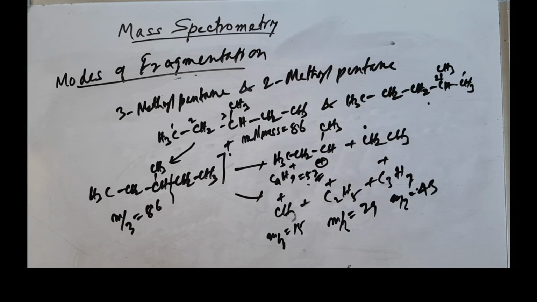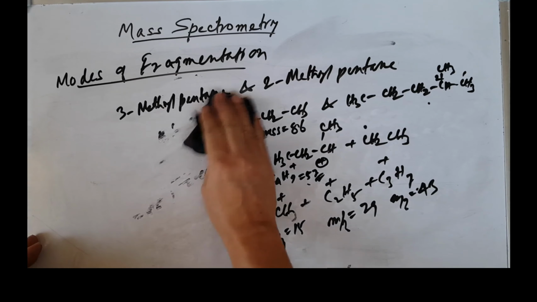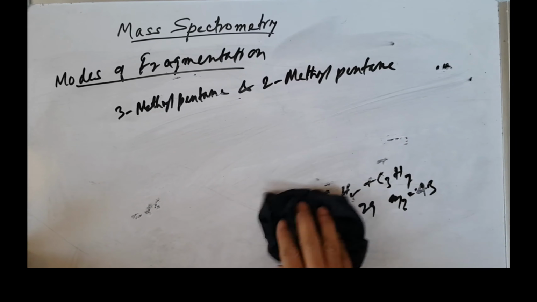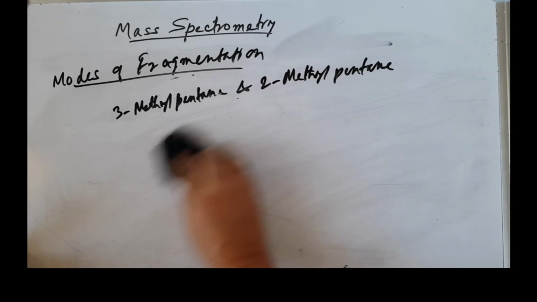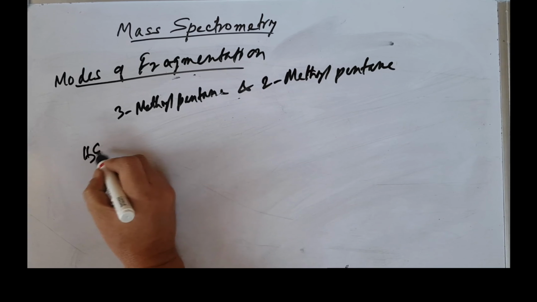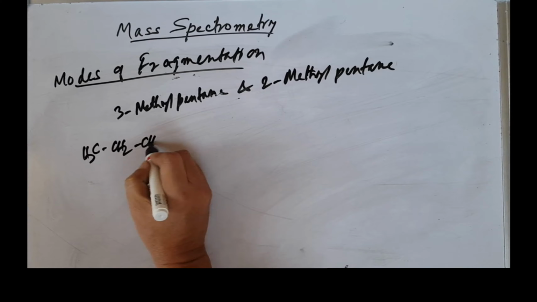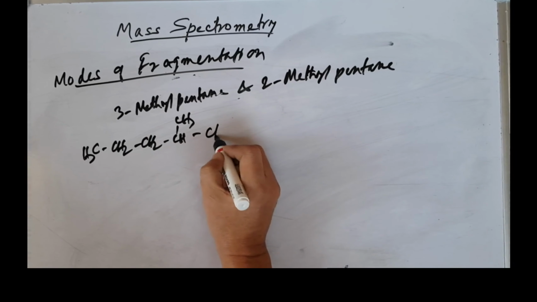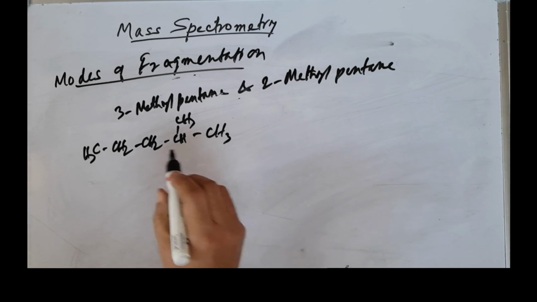Similarly, I can show you 2-methyl pentane, how the fragmentation goes. 2-methyl pentane is like this: CH3, CH2, CH2, CH3, carbons 1, 2, 3, 4, 5.